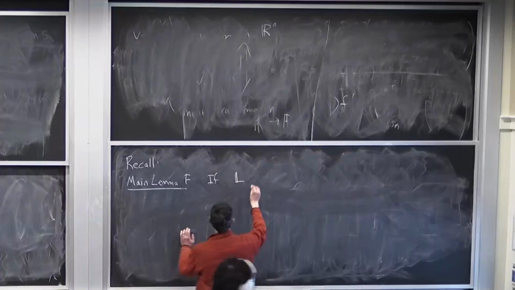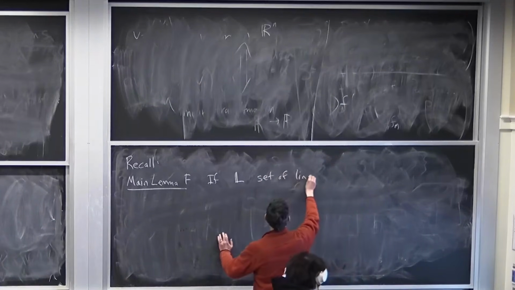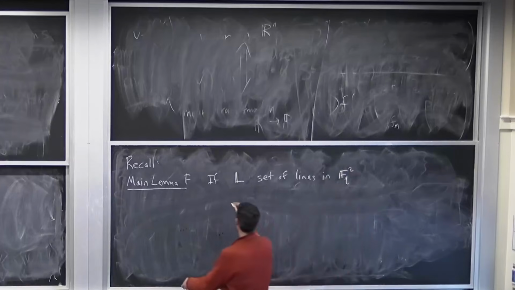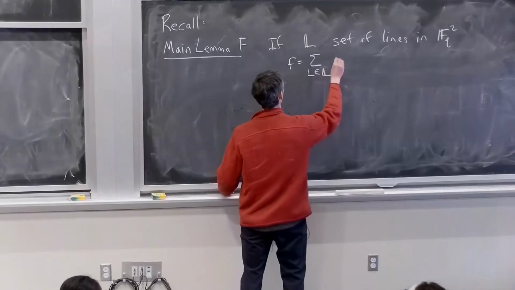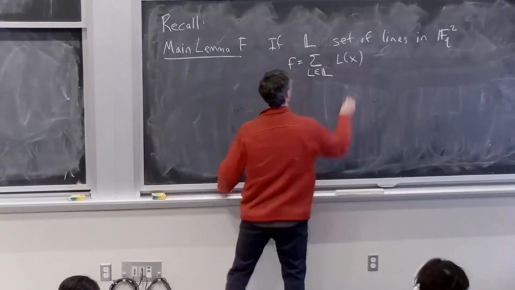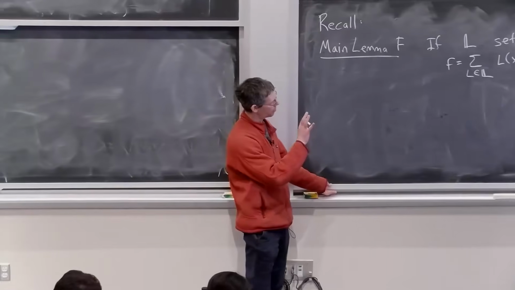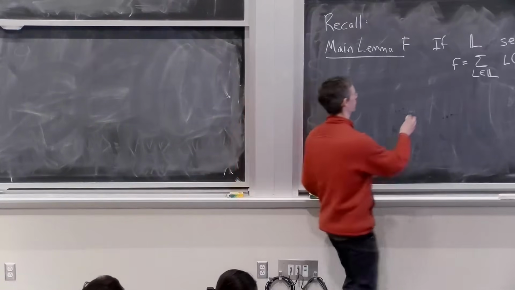If you have a set of lines in F_q^2, and then you add up their characteristic functions, then it has a big constant part and then a small high-frequency part.